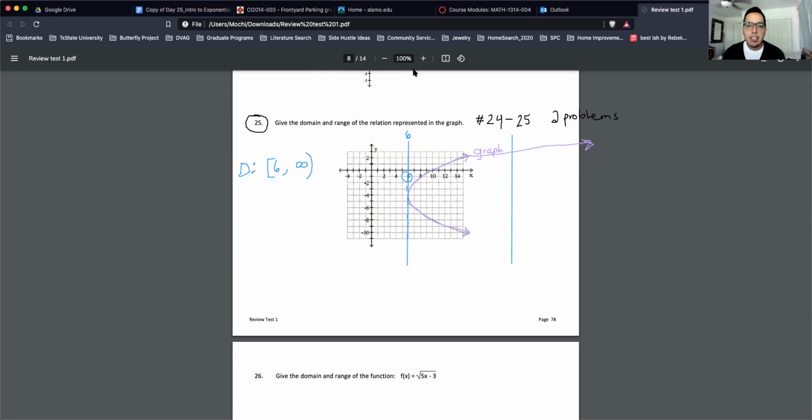And so if we were measuring using the x-axis, it would continue to travel in this direction all the way to infinity, which is where our graph would continue to move towards. So there is no right boundary for this graph. There's only a left boundary, and that's why we have 6 to infinity for our domain. Does anybody have any questions about that?